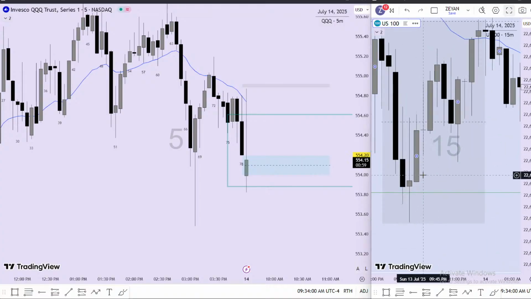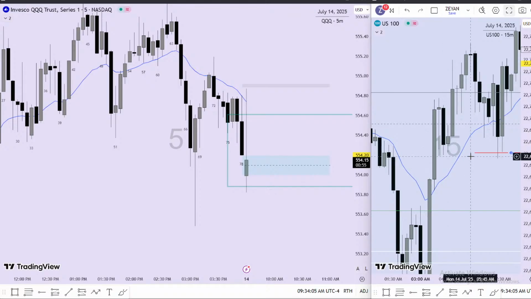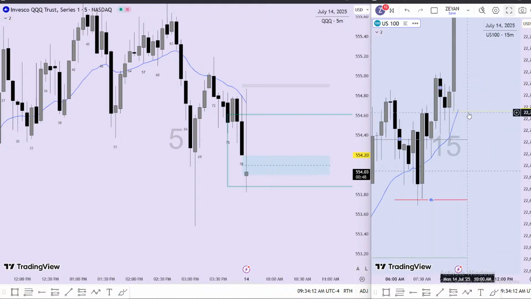We had an inefficiency in the Asian range that got filled. This was at 454, that got filled.